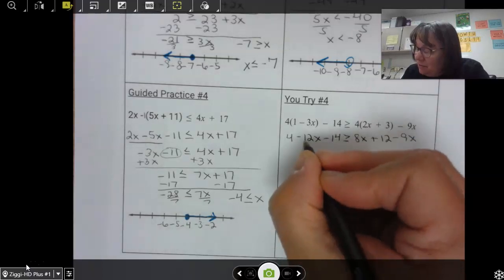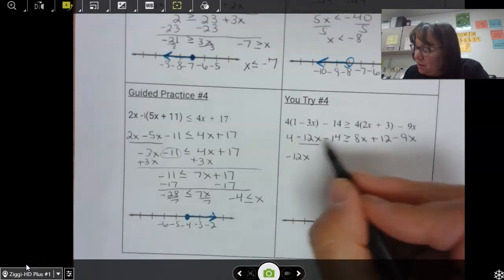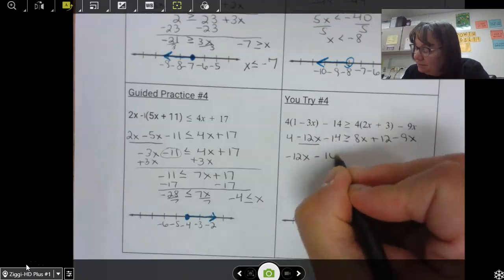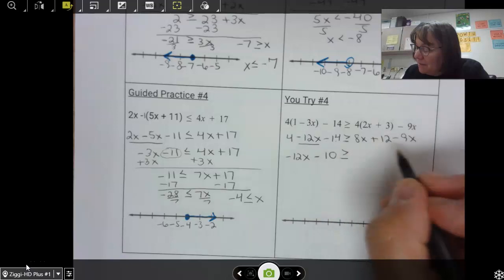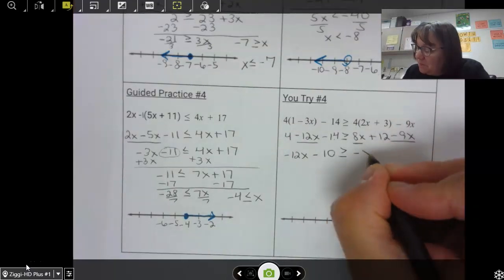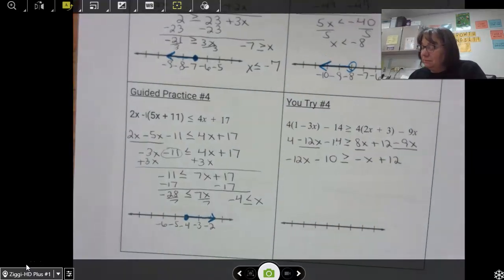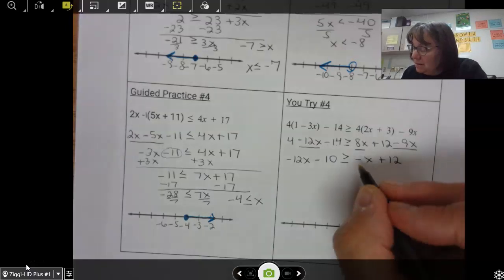So the negative 12x stands alone. And then I have 4, take away 14, 10. 8x, take away 9x, is a negative x plus 12. Okay, in this case, let's add x to both sides.